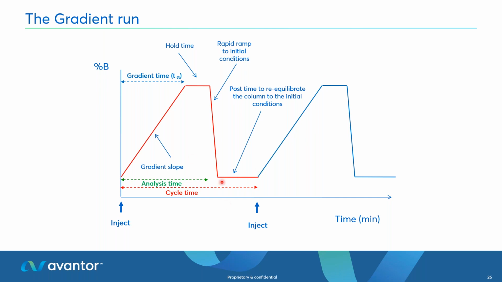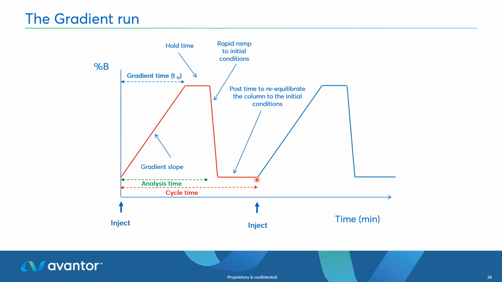The length of that does depend on what you're doing, of course. It depends on the gradient range, so 5 to 95 or 50 to 70 is going to need a different post time. But as a rule of thumb, I would say at least 10 to 20 column volumes would be important to have in between each of your gradient methods. And that's for reverse phase.